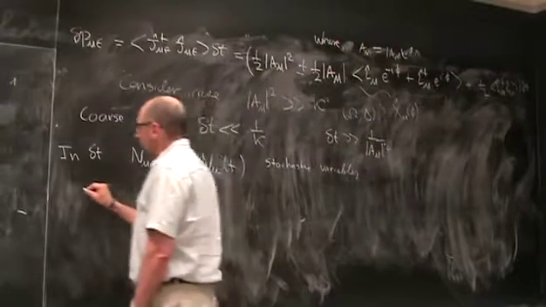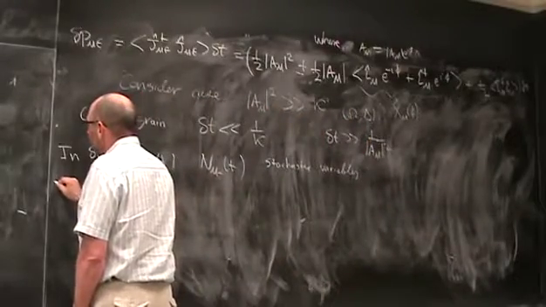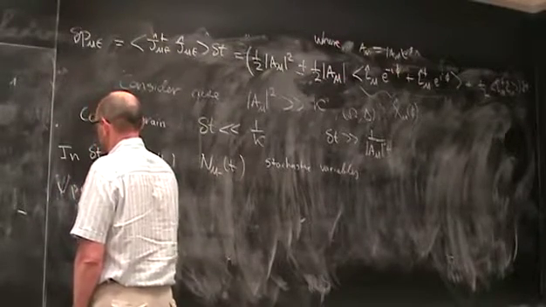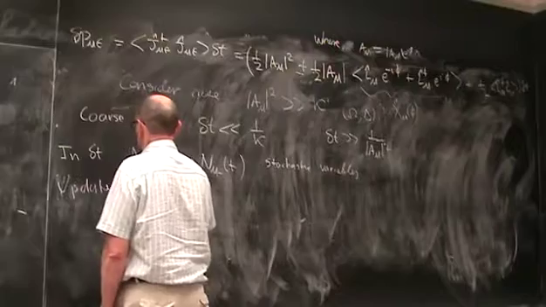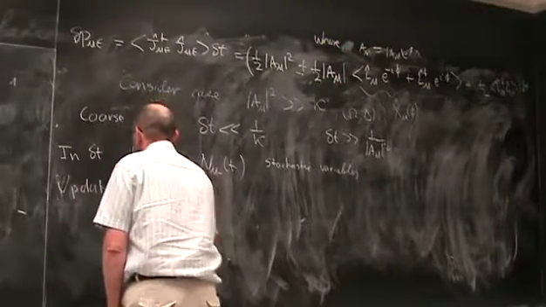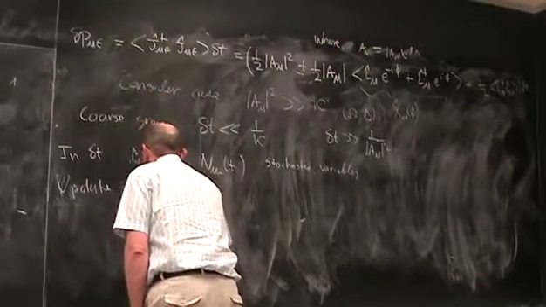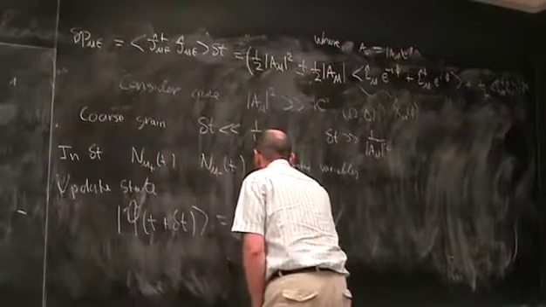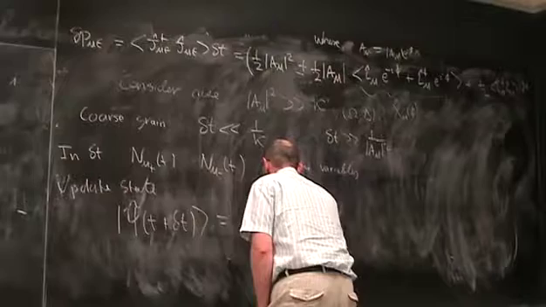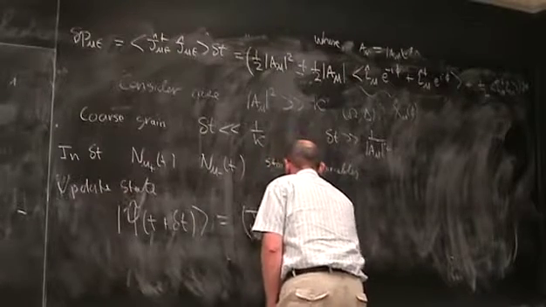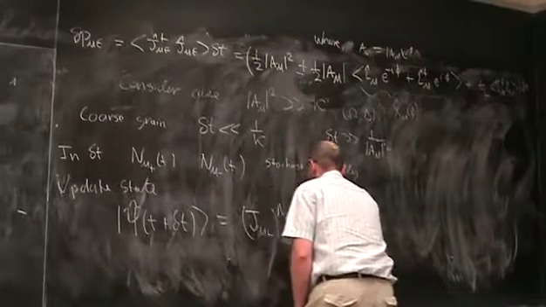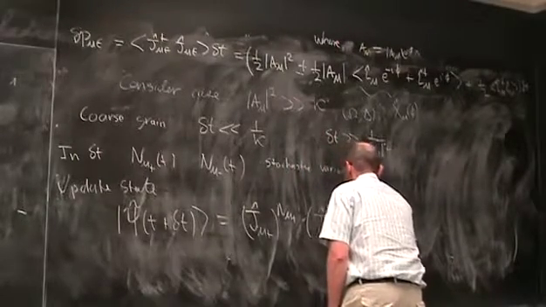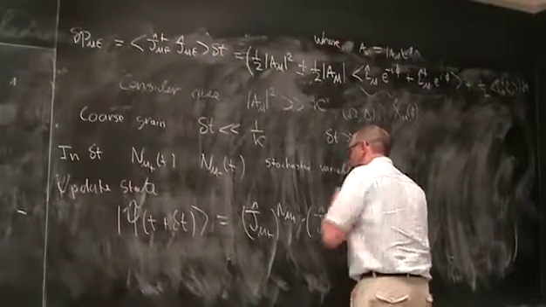And my update rule is then that conditioned on those detection events, I'm going to jump that number of times.